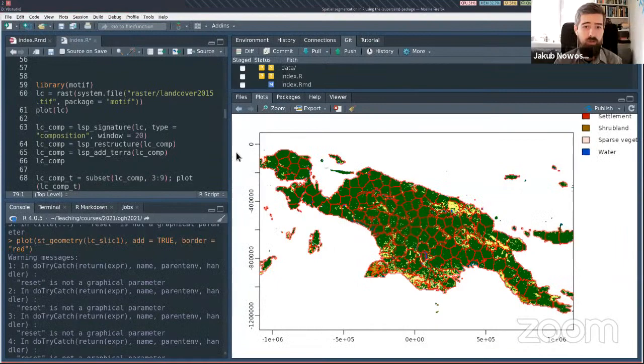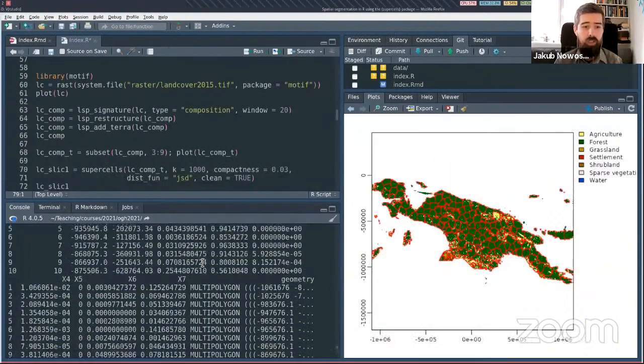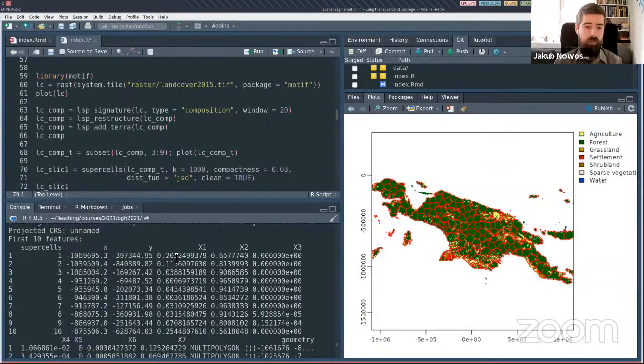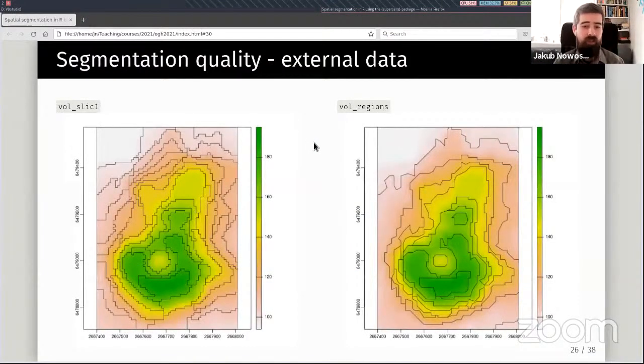For all of the examples I've shown you, we used the arithmetic mean as an average, so our new centroid is just a mean of previous values. But in some cases you would prefer to use the median, and that's also possible using this package. All right, so let's go to the next topic.